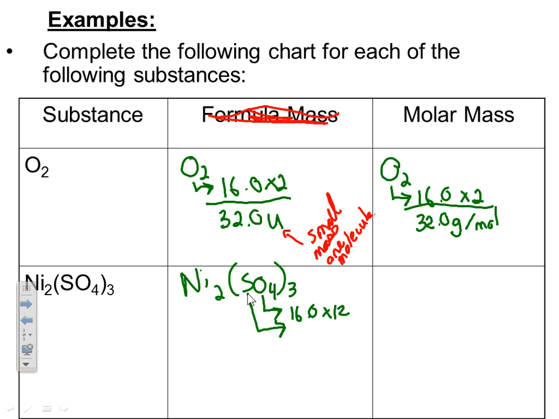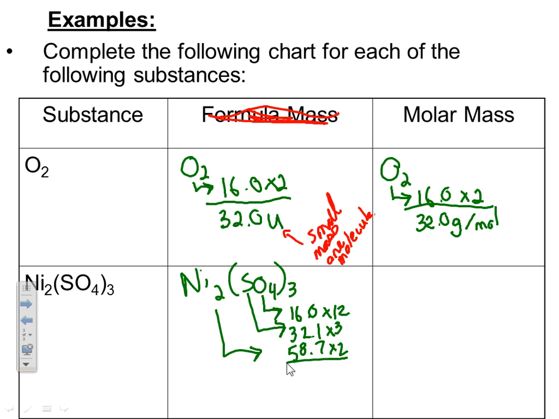I'm going to have to check my sulfur here, so I'm checking my periodic table. That's 32.1 to 1 decimal place, and that's times 3, because that 3 also has to multiply by that sulfur there. And down here, I got to check the nickel, and nickel is 58.7, and that is times 2. All right.